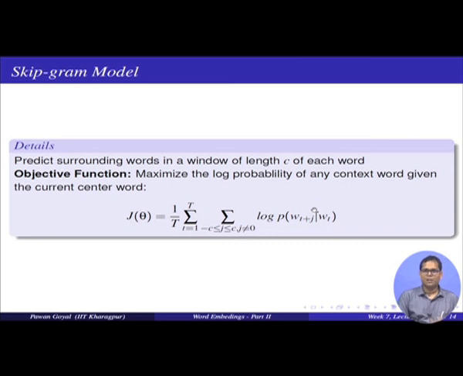So J theta, and theta has all the parameters, all the weight matrices W1 and W2 that I am trying to learn. So now this is my objective function, and I want to maximize that, and by doing that I want to learn my parameters theta. And how do we do that?